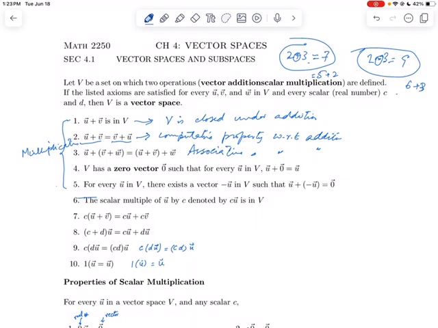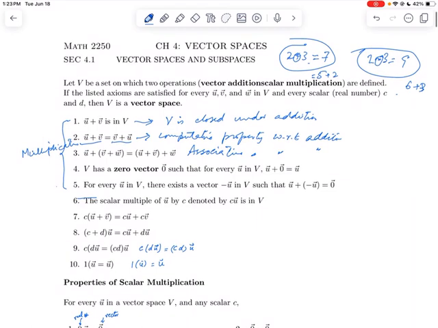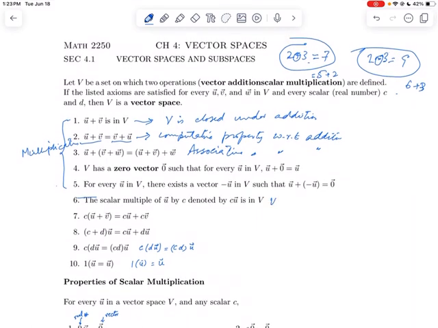We talk about scalar multiplication, a scalar multiplied by a vector. So number 6 says the scalar multiple of u by c, denoted by cu, is in V. So this condition says that V is closed under scalar multiplication.